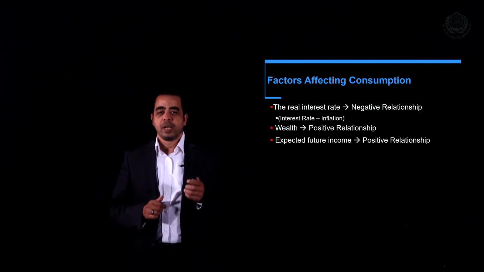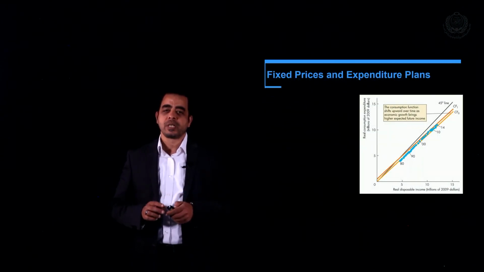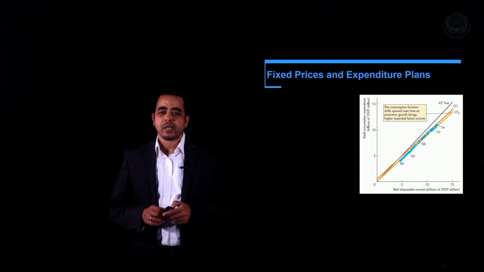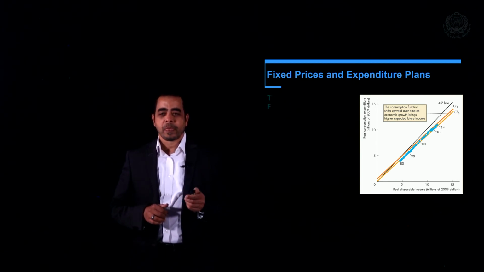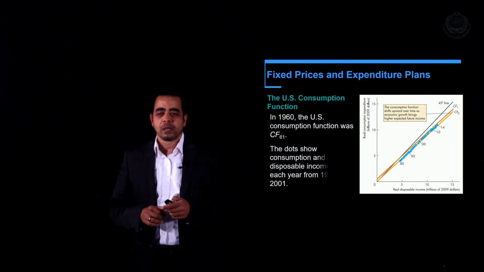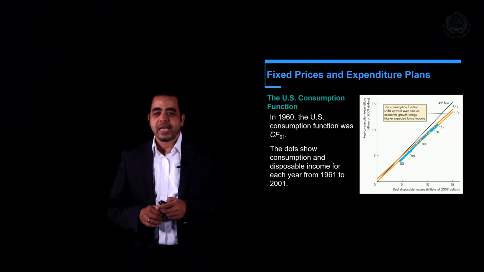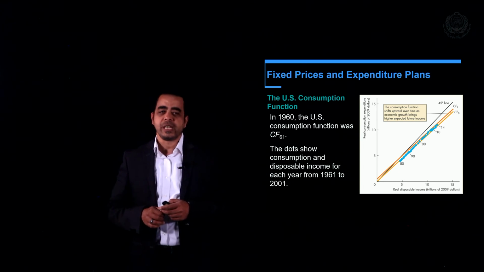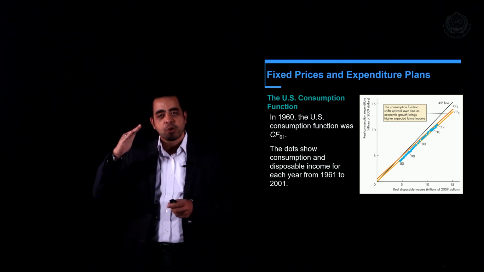consumption function. This curve actually is showing us the development of the consumption level in the United States from 1980 until 2014. As you can see, there was a shift in this curve.